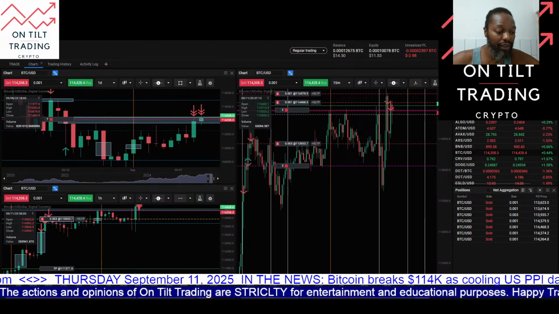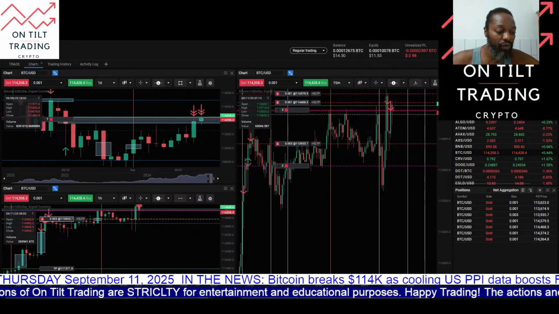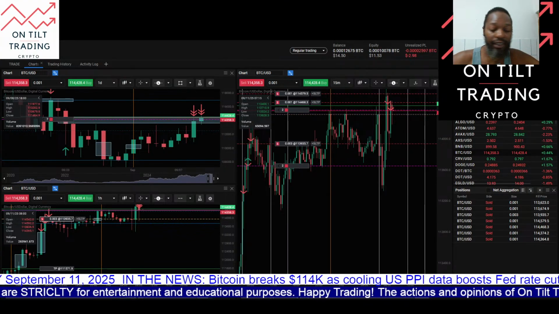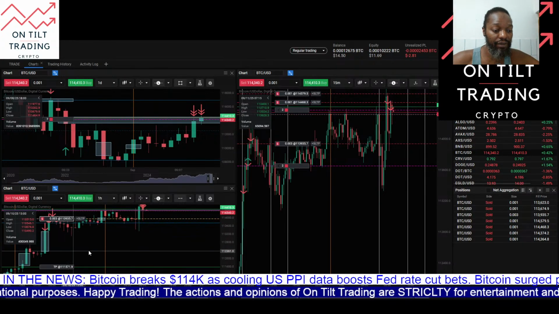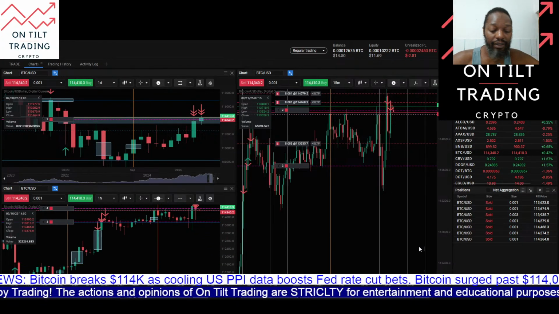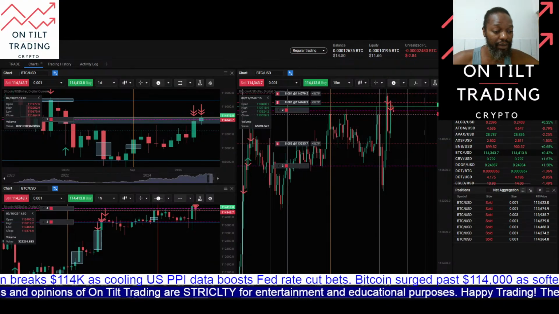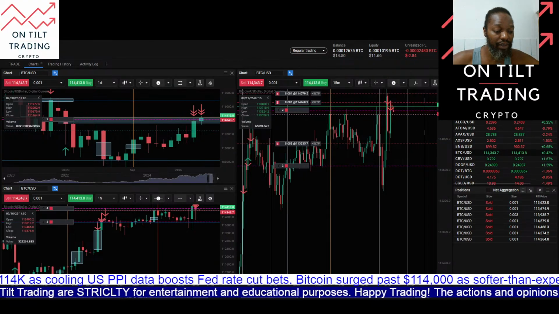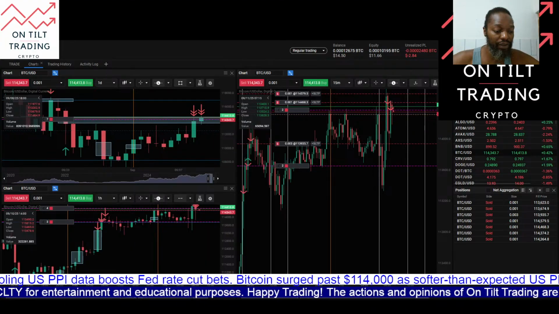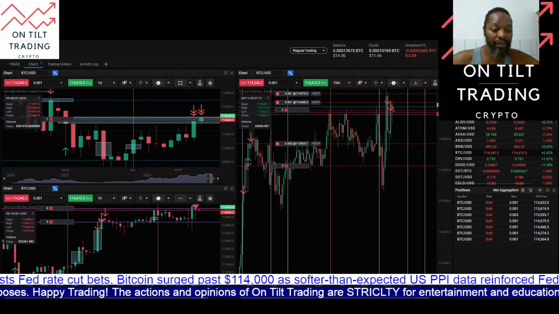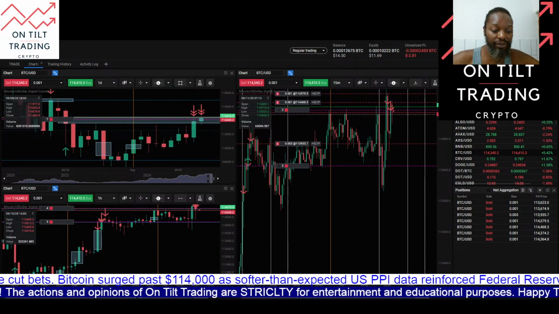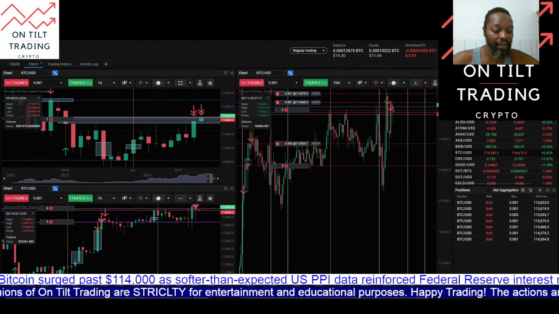But the target is an order block here on the 60-minute. Come back over here. And this order block was put in yesterday, midnight New York time. It is right here. So this is my target. So looking for sell side down to this level here.